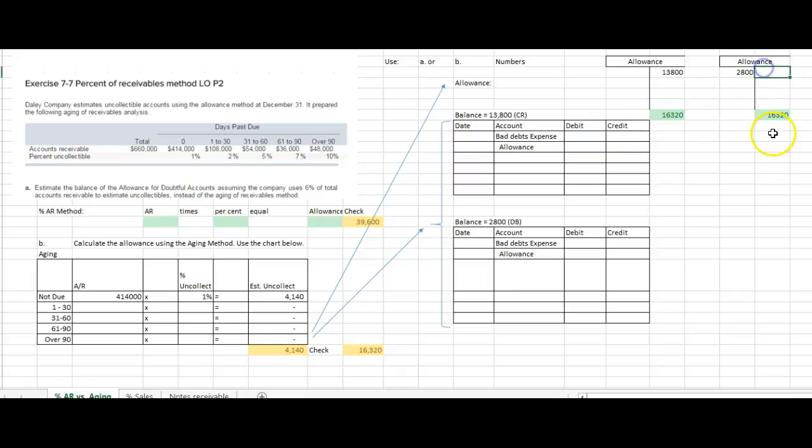Do the same thing for the other scenario where you have a debit balance. Okay, I've got a debit balance. I need a credit balance of $16,320. What do I have to do? What kind of entry do I have to make in the credit side here to create a balance of $16,320? That's all this problem is about. So I hope that helps.